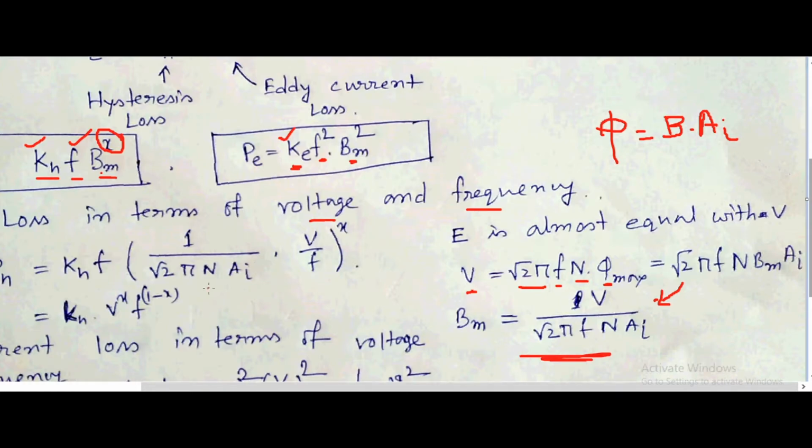Here K_H, pi, N, A_i are all constant terms, so it is written as K_H' V to the power x and f to the power of 1 minus x. This is the equation we got.